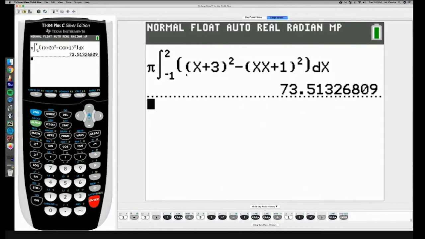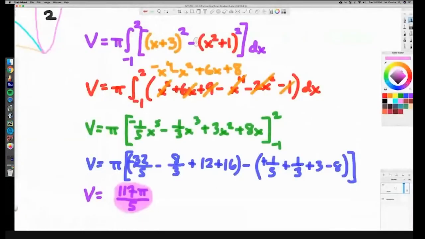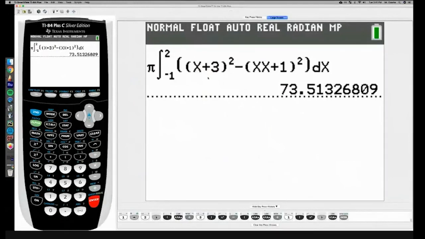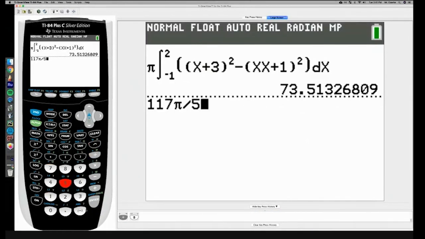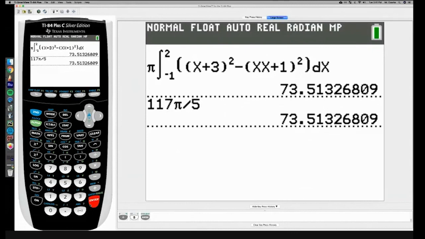And okay, and then we ended up with 117 pi over 5. Cross your fingers. Boom.